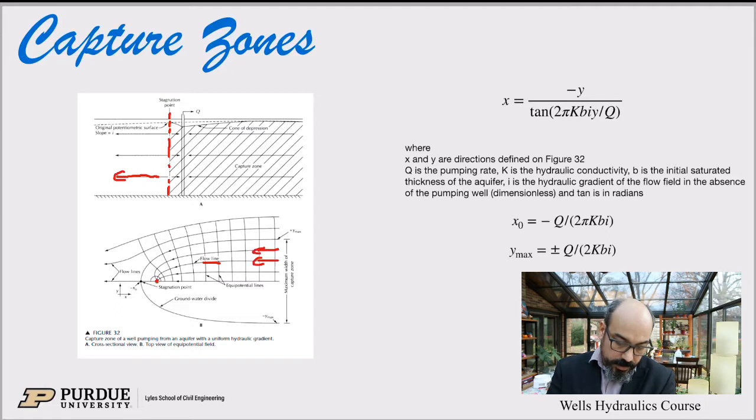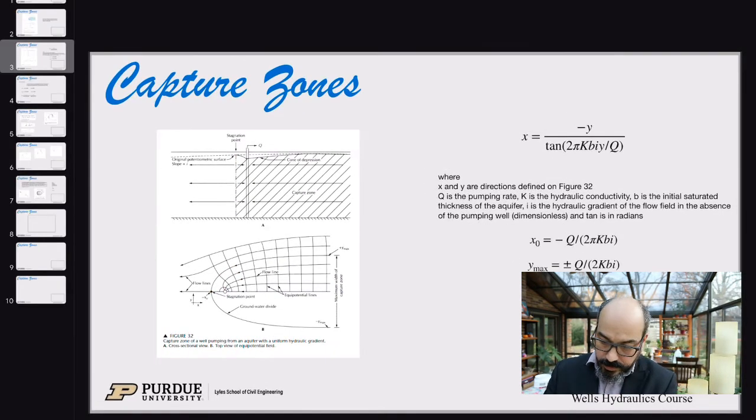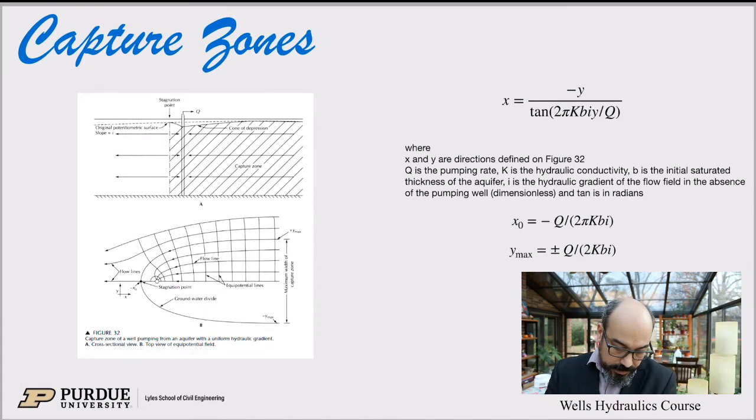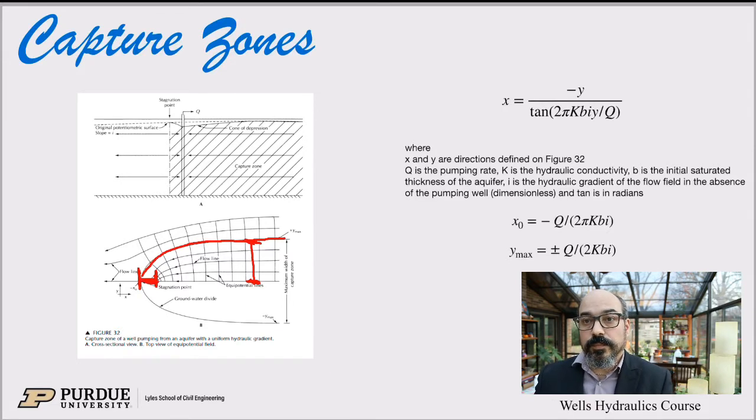The flow lines are flowing into the well. This flow line is still being curved to that stagnation point here. So the extent of your capture zone is this distance here, and the stagnation point downstream of the well is really important, because that's all the way down gradient where you can actually pump water into that well.